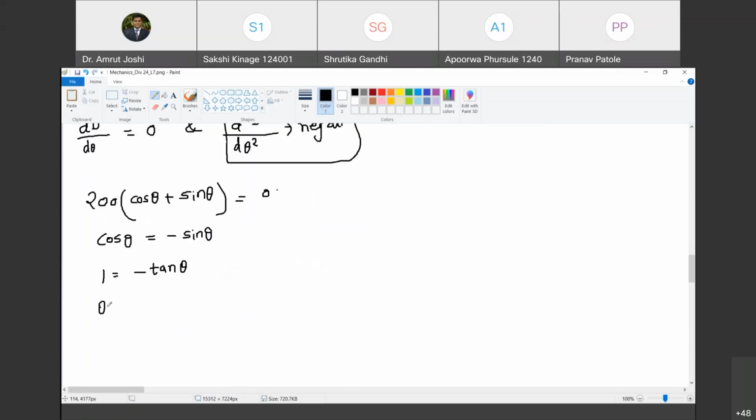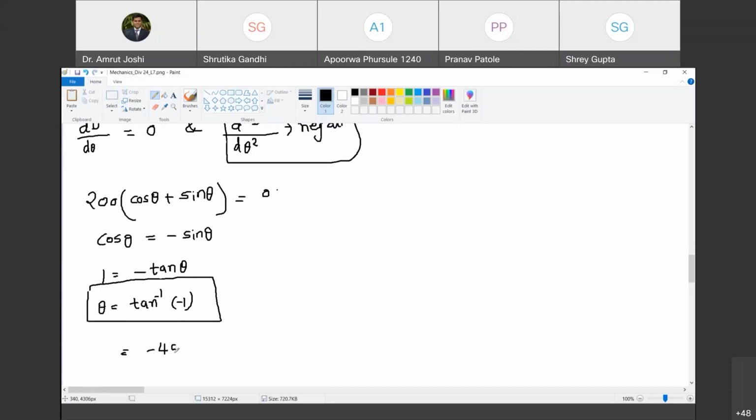So theta must be equal to tan inverse of minus 1. So tell me what is tan inverse of minus 1. Tan inverse of minus 1 turns out to be minus 45 degree, that is minus pi by 4.